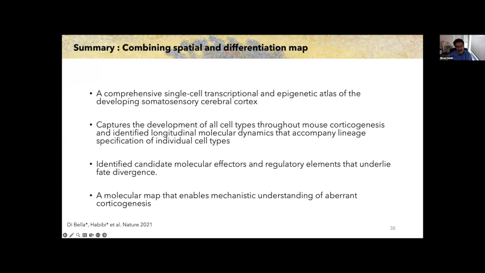We identified candidate molecular effectors and regulatory elements that underlie fate divergence. We validated them based on spatial data and also some FISH data. And our molecular map now enables mechanistic understanding of aberrant corticogenesis.